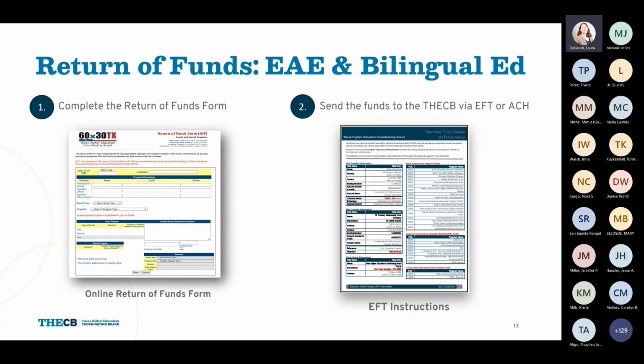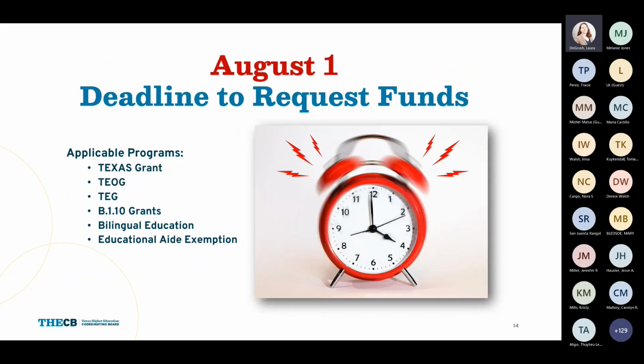Now let's look at a different program here. And actually, right before we do, as the alarm picture shows us, it's important to think about deadlines for the programs that we just talked about.